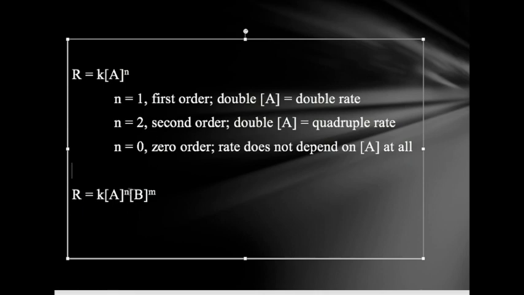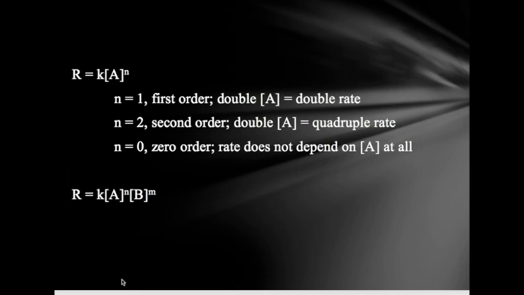What if your chemical reaction has 2 reactants, like in the example we just got done looking at? What language do you use? Well, in the last example, we had a 1 here and a 1 here. So we have 3 ways of talking about it. We could say that it is a first order reaction with respect to this reactant. In other words, the exponent on reactant A is 1.